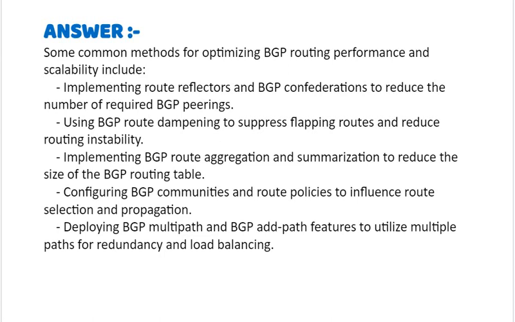Next point is configuring BGP communities and route policies to influence route selection and propagation. Next point is deploying BGP multipath and BGP add-path features to utilize multiple paths for redundancy and load balancing.